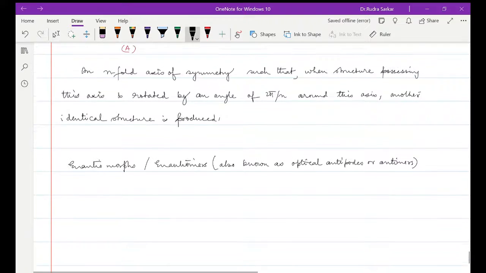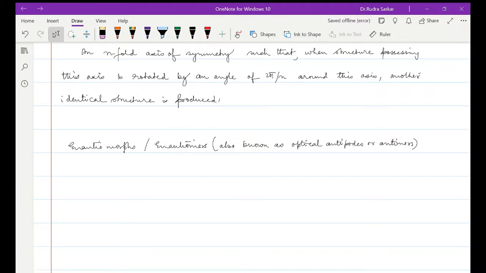And these will rotate the plane of plane polarized light in opposite directions but have the same value of specific rotation. That should be kept in mind.